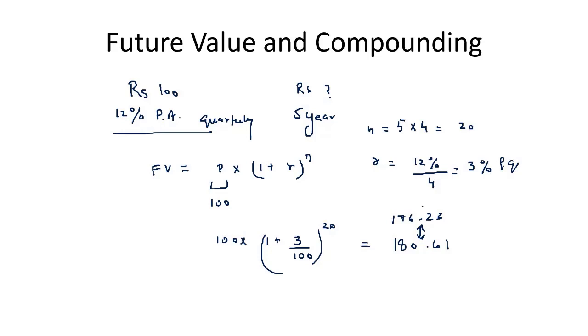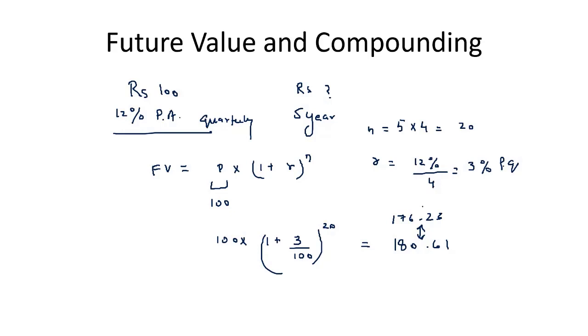So there are 2 aspects that you need to understand. When your money is earning some interest, there is a future value. It will not remain the same, it will grow. And secondly, there is a concept of compounding, where that growth also earns a growth, that interest earns an interest, and you get more than what you actually invested and the interest part.